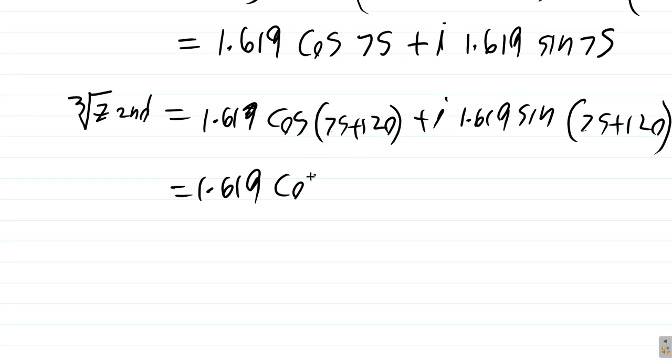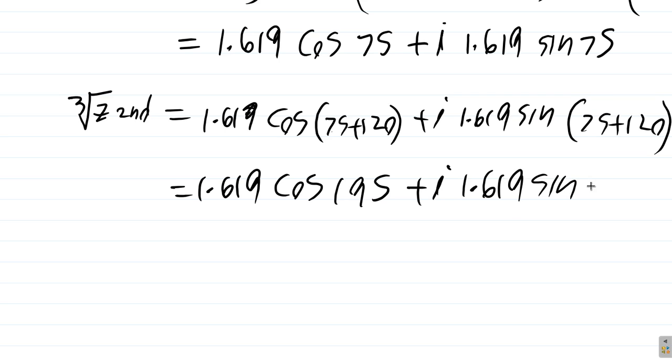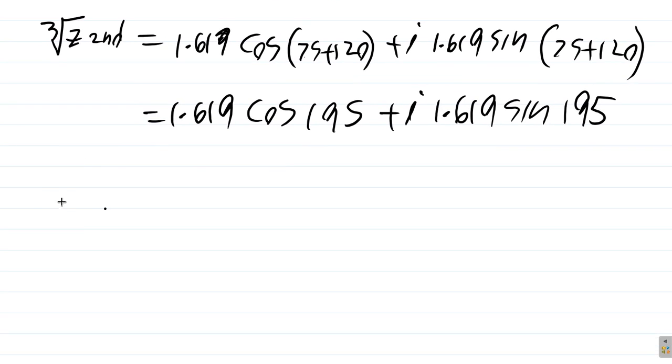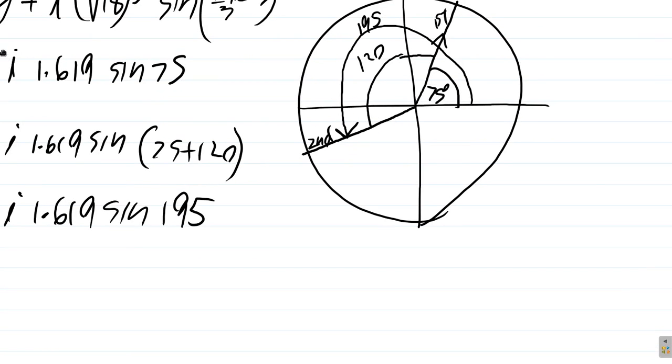which would be 1.619 cos 195 + i 1.619 sin 195. Alright? Then the third cube root of z. For the third cube root, you'd have to swing around another 120 degrees, right?